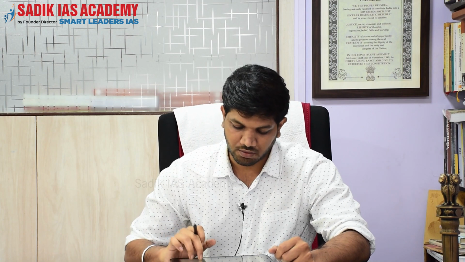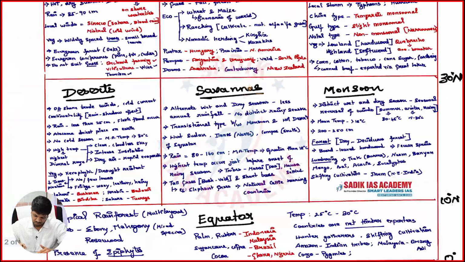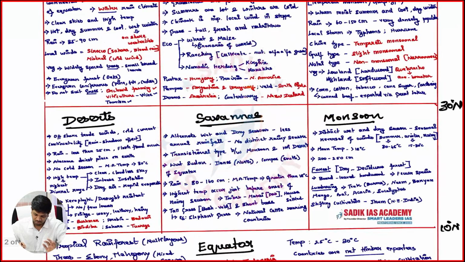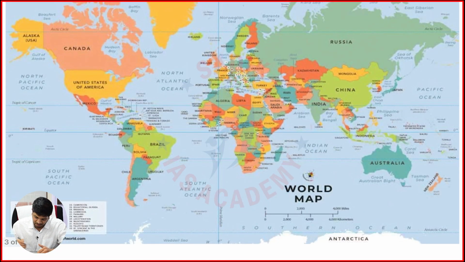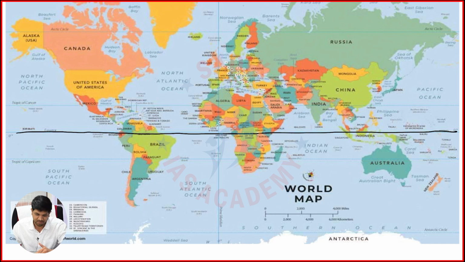Okay. Now, if you see, this is the checkerboard, friends. If you place this checkerboard exactly on the equator, then the equator will be like this. This line you are seeing is the equator, friends.